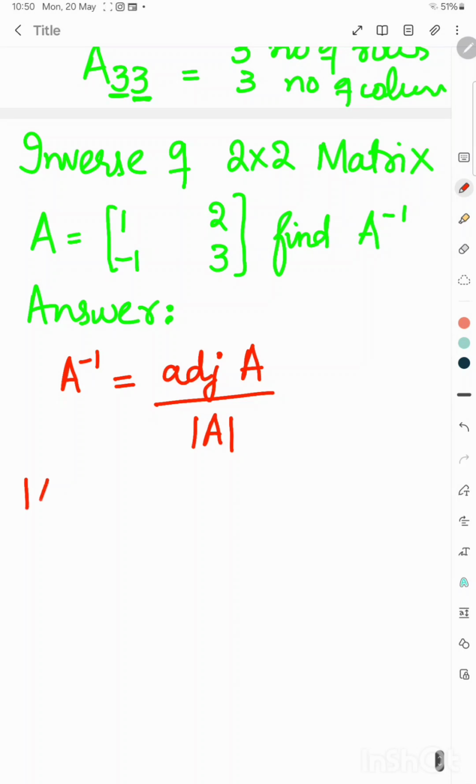First we will solve for the determinant of A, then we will go for finding adjoint of A.